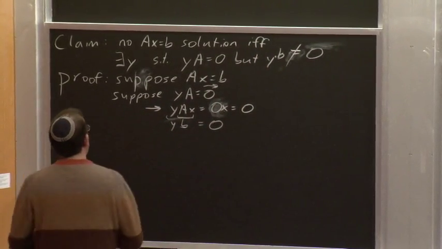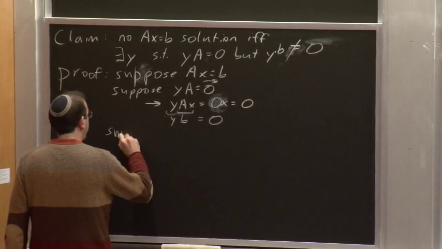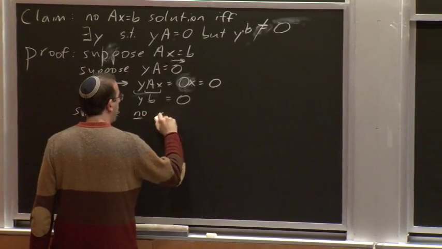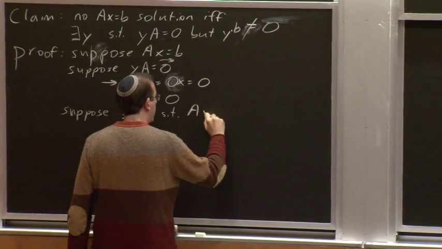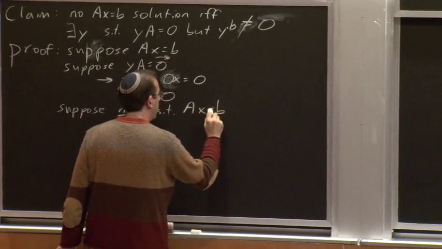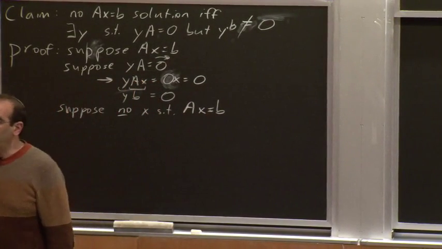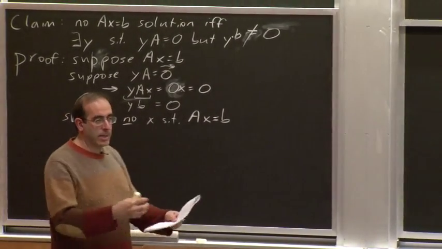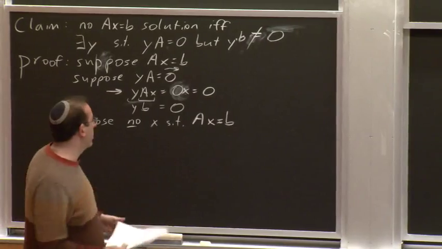Okay. But now suppose the converse. Suppose that there is no x such that ax equals b. This is a harder place to work from because we can't say here's an x, let's work with it. We have to say no x will work.